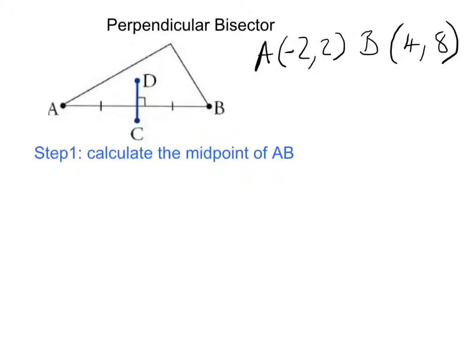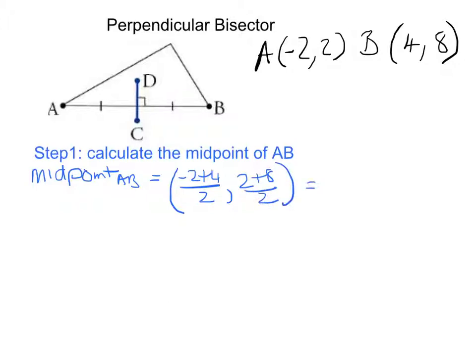First of all, I'm going to calculate the midpoint of AB using the midpoint formula. So it's going to be (-2 + 4)/2 and (2 + 8)/2, which is (1, 5).